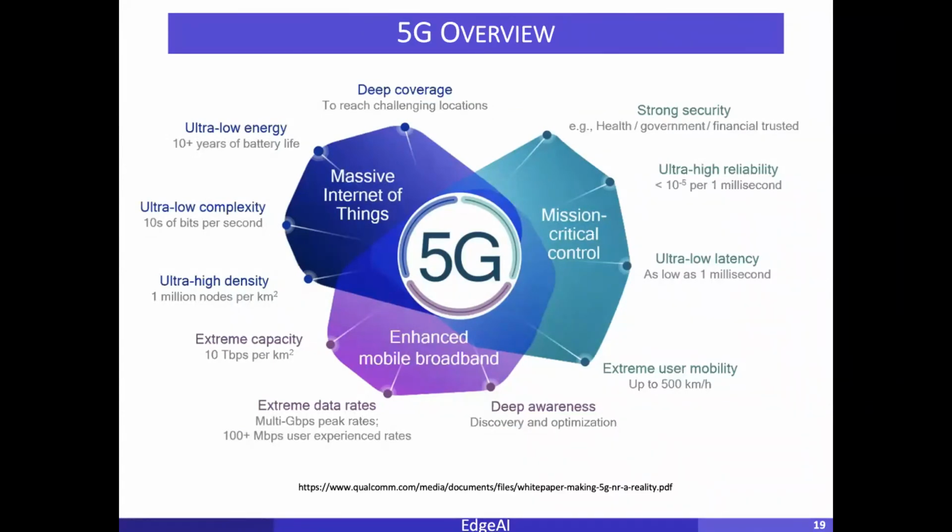Critical control means ultra low latency. For example, you can use 5G for robotic surgery, where the latency requirement is really low. When a doctor sitting in a remote location wants to perform a robotic surgery, if the latency is too high, it will not be in sync with whatever the doctor is trying to do.